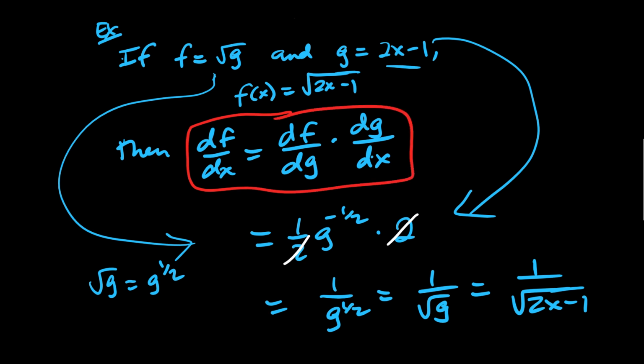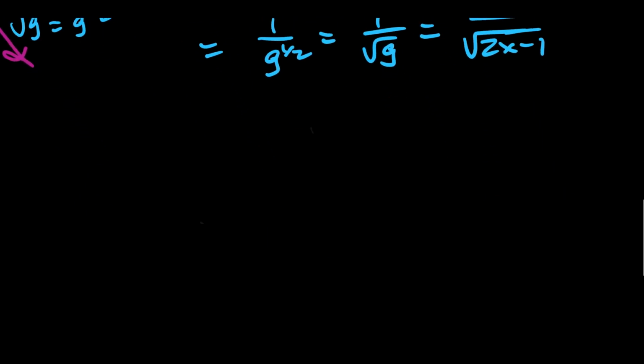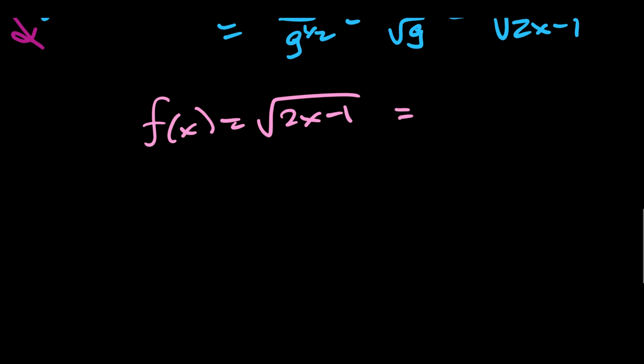All right. Now, let's do the same exact problem. So let's take this same exact problem and let's pull it down and do it differently. I don't know if you can see that purple so well, so I'll do it in pink. So f of x is square root of 2x minus 1. This can also be written as 2x minus 1 to the 1/2 power.